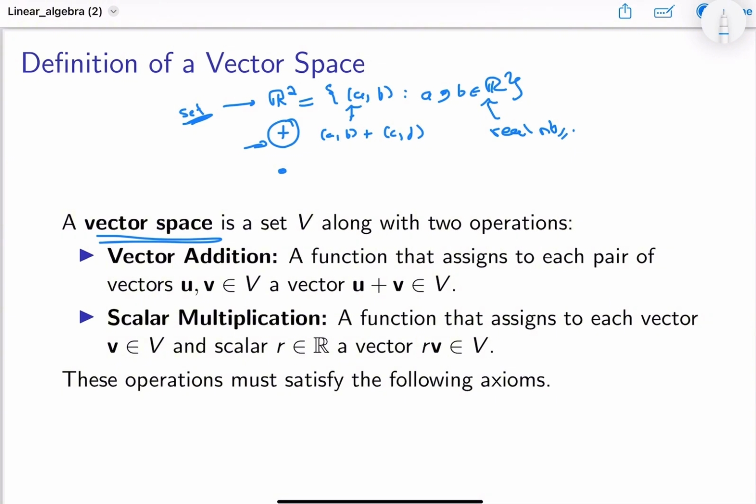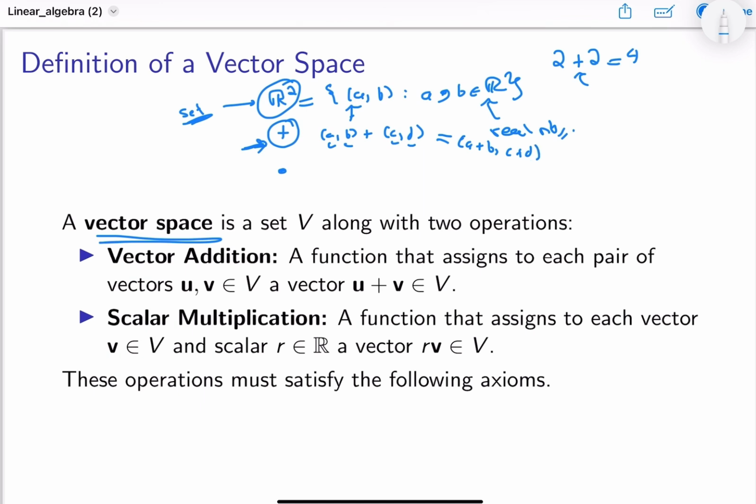For example, in R, you are defining 2 plus 2 to be 4. In another set, for example, in R2, you have to define what the plus sign means. And we said that one way to define it for R2 is to do it element-wise. You add the first component to the first, and the second to the second, and in this case you have a plus c and b plus d.